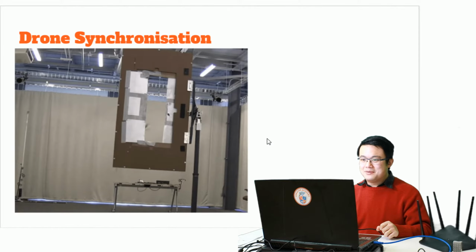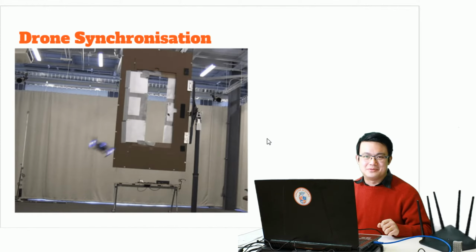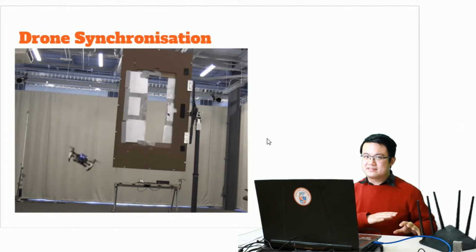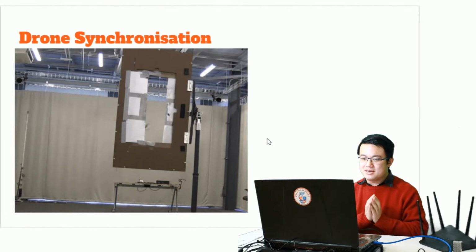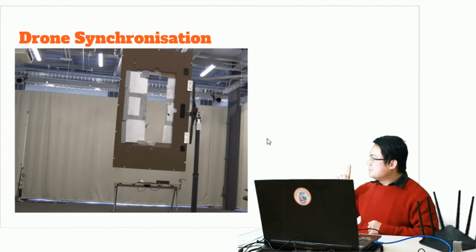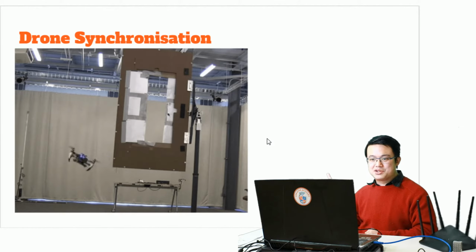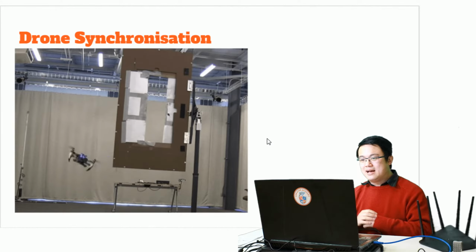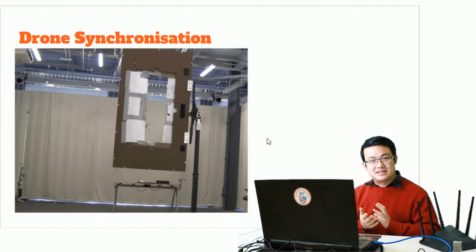Okay, so how does drone synchronization work? So we talked about how we need an external conductor, and sometimes we also need external sensors. For example, if you look at this image of this drone performing this really delicate maneuver where it has to fly sideways through this gap, you can see that this isn't actually done by a human.